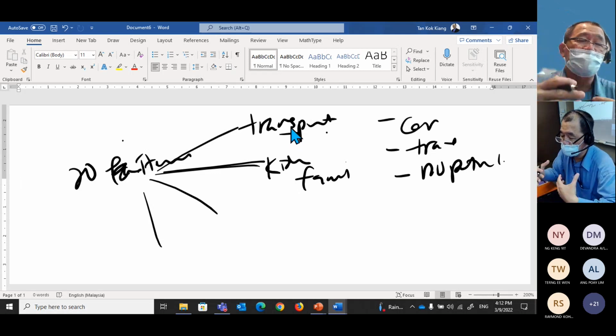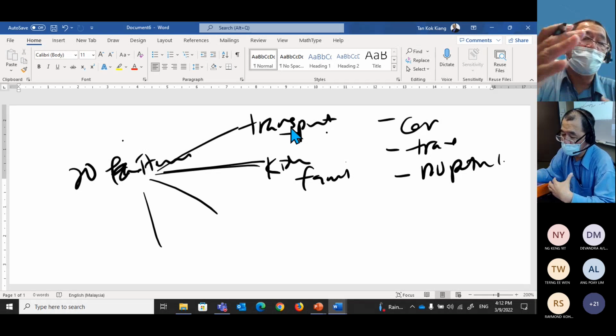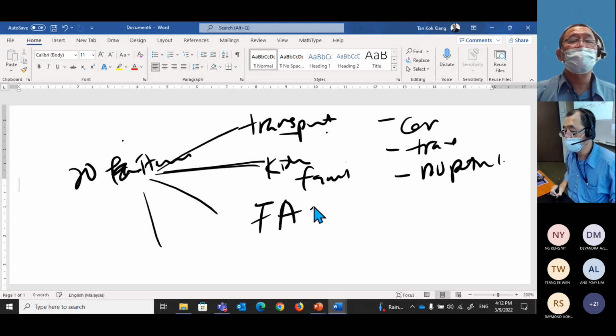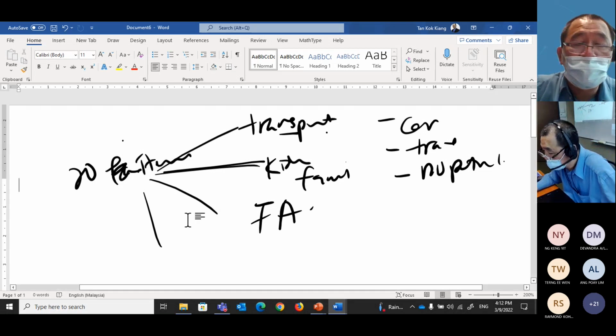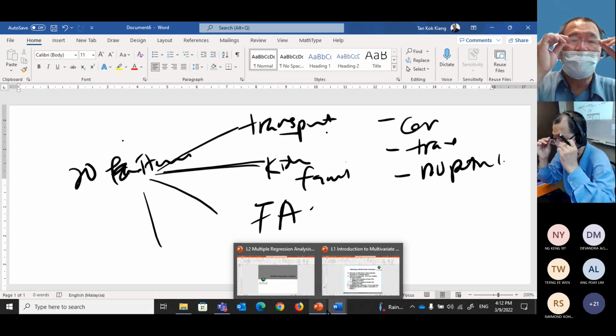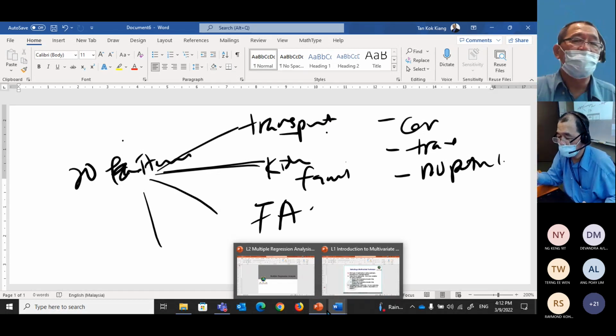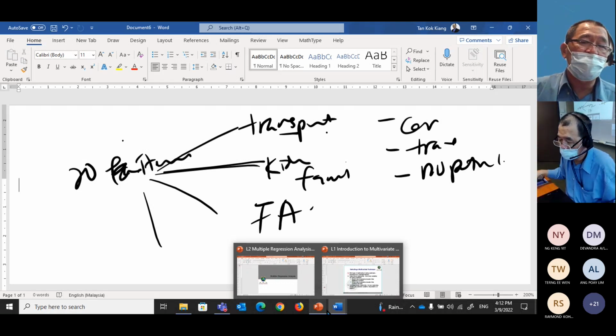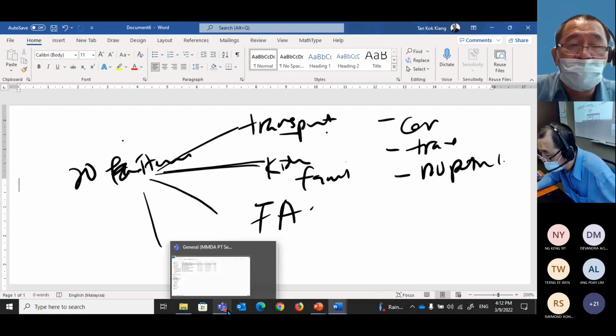There are many items that you can group into a few categories, a few factors. We call it factor analysis. But here you cannot say which one affects which one. They are at the same level. We call it interdependence.